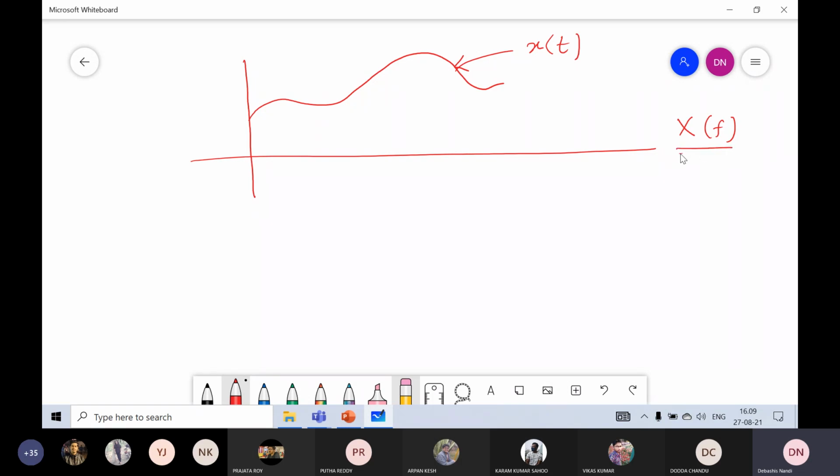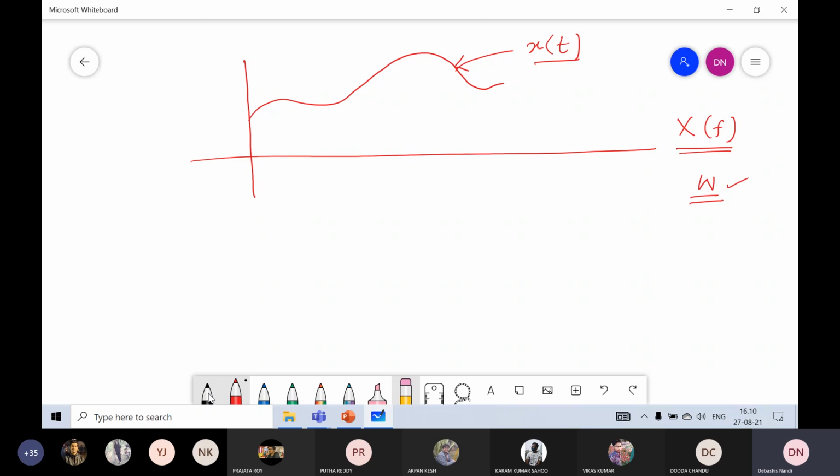From the description of X(f), you will get the bandwidth of the signal. Let us consider W hertz is the bandwidth of the signal. I am considering that this signal is band limited. Band limited means it has finite bandwidth; the number of frequency components is considered finite. So the bandwidth is W.